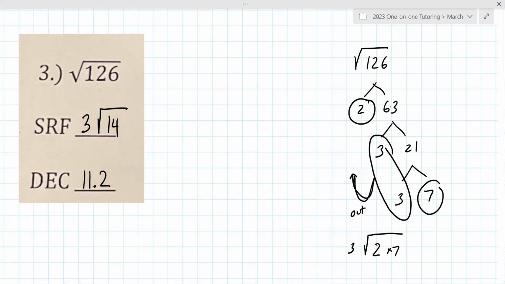You're going to put that on your calculator. 3 square root 14. 11.2. Yes. Do you see how it's the same? It's the same.